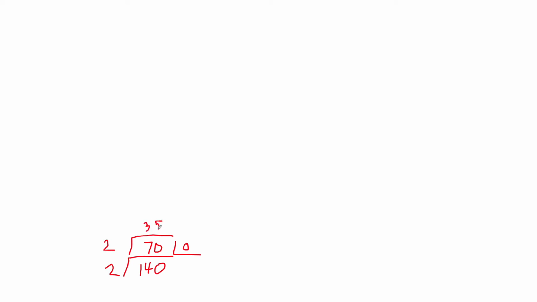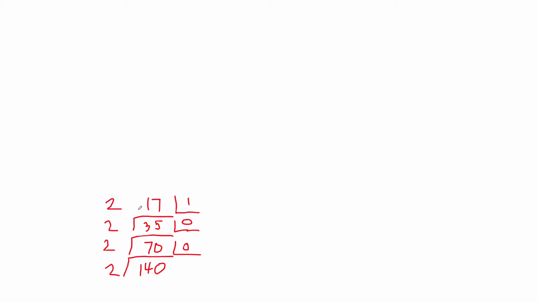Correct? 35 times 2 equals 70. What's the remainder? The remainder is 0. We're going to divide by 2 again. 2 into 35 is 17. But now we have a remainder, right? Because 2 times 17 is 34. We're going to have a remainder of 1.